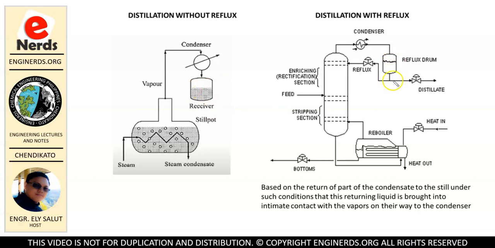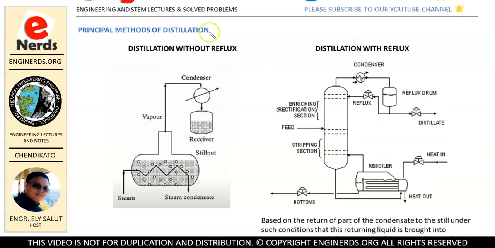While in here, we will be collecting the distillate, but part of that is returned to our still. So as you can see, distillation with reflux is based on the return of part of the condensate to the still under such conditions that this returning liquid is brought into intimate contact with the vapors on their way to the condenser.